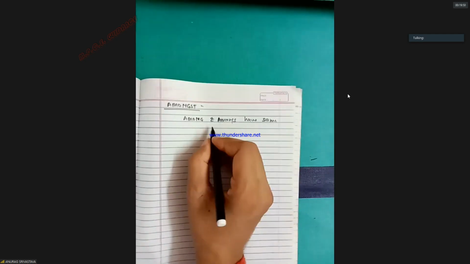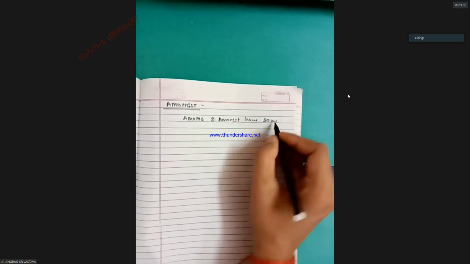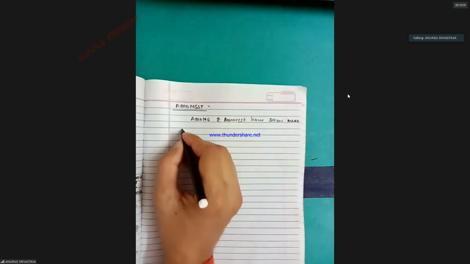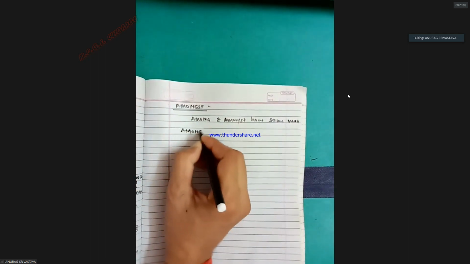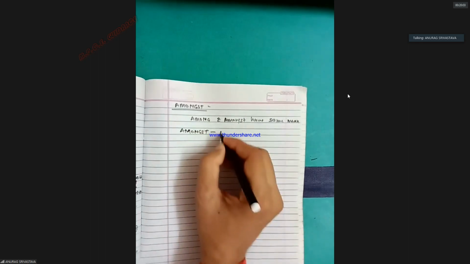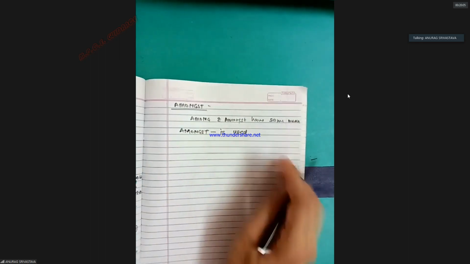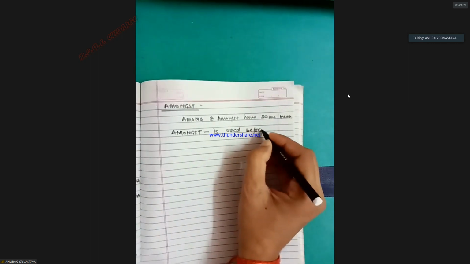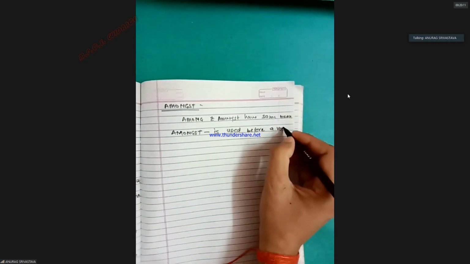Both have the same meanings. Then what is the difference? The difference is only that amongst is used before a vowel sound. Fine.